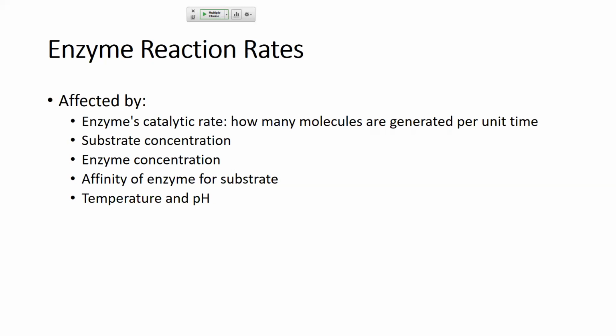All right, another thing that affects the enzyme reaction rate is the affinity of the enzyme for the substrate. What does affinity mean? What is affinity of the enzyme for the substrate? How much an enzyme likes it?